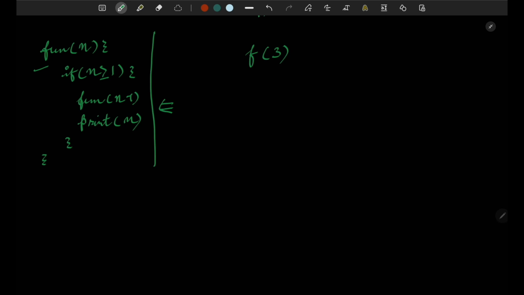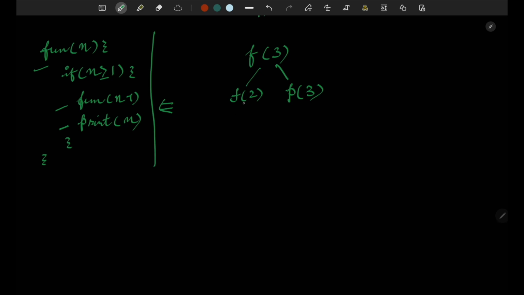So there are two things happening. The first is the call to the recursive method itself with the n minus 1 value, and the second is that we are printing the value n. But before that we are checking if the value is greater than 1 or not. So 3 is greater than or equal to 1. First we will make a call with f of 2, and this will be printing the value 3.